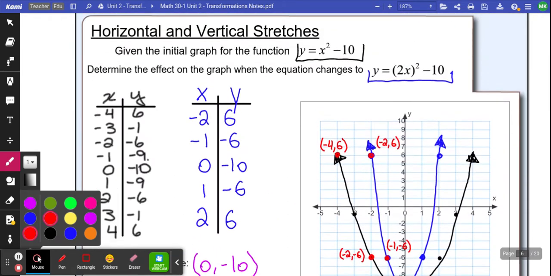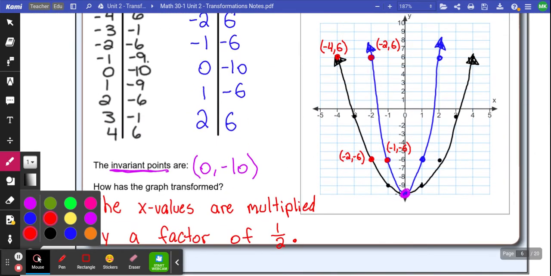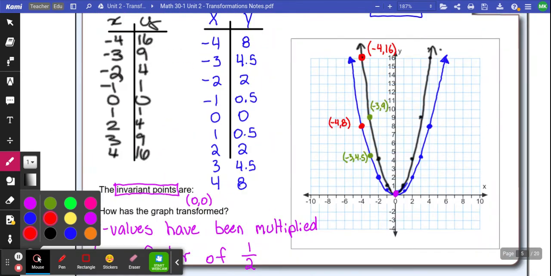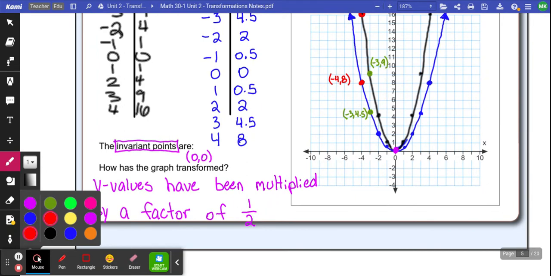So when you look back at these graphs, I was taking this point and stretching it closer or further away from the y-axis. With the other one, I was stretching it further or closer from the x-axis. If I took a y value and multiplied it, then I'm stretching it away from the x-axis, or technically closer to the x-axis.